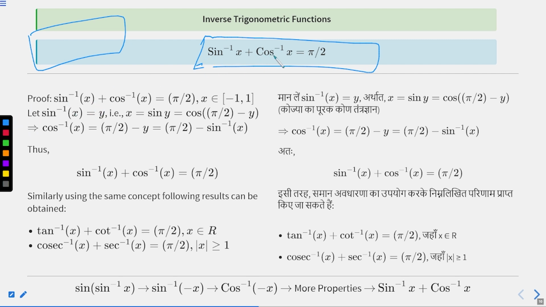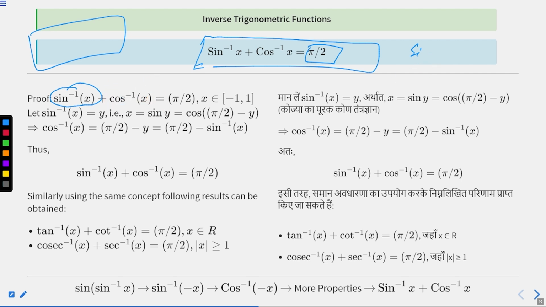We need to show that sine inverse x plus cos inverse x is equal to pi by 2. How are we going to show it? Quite easy. Start with this and find the principal value. Taking sine inverse x equal to y, x is sine y, and we will convert sine y to cos, because we also have the cos function over here.